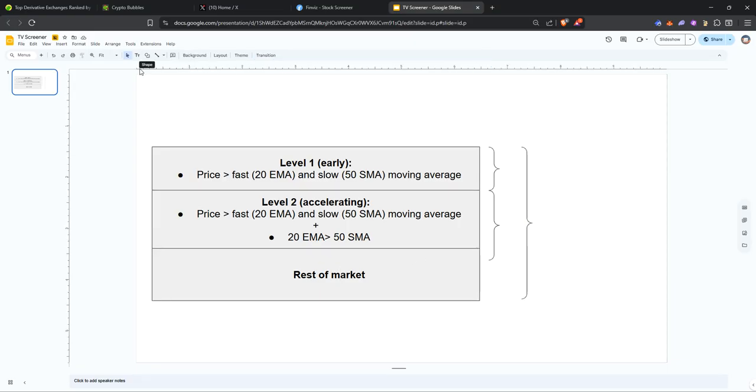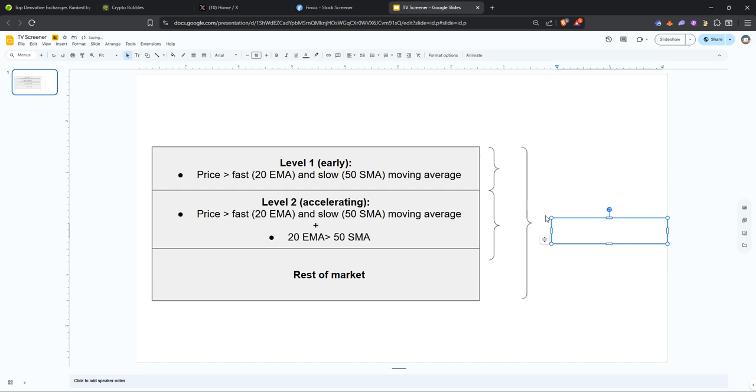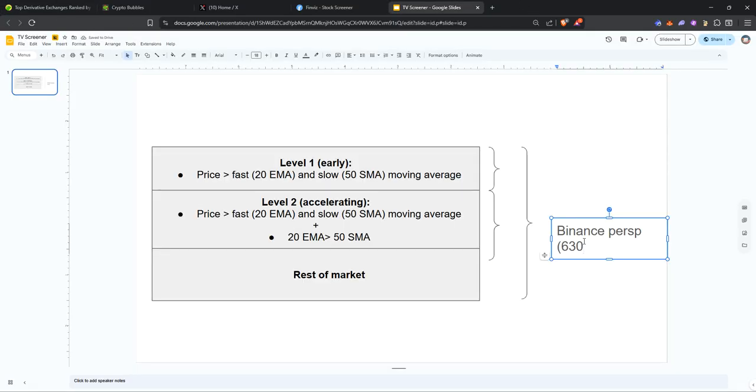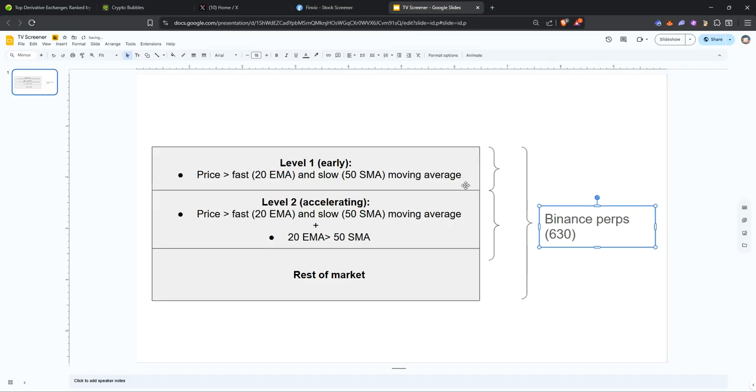And then you've got the rest of the market. So this is representing the whole market. You saw just now we're using Binance perps, and we saw here that it was 627. Let's just say 637 perps or tokens.